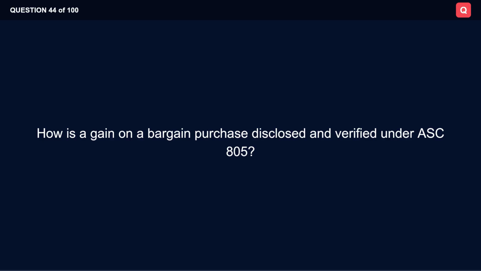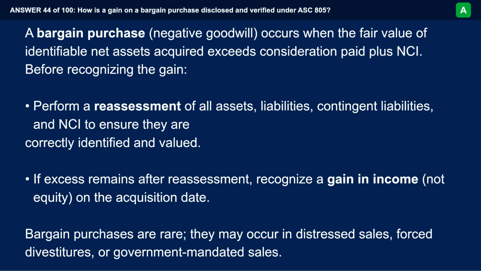How is a gain on a bargain purchase disclosed and verified under ASC 805? A bargain purchase, negative goodwill, occurs when the fair value of identifiable net assets acquired exceeds consideration paid plus NCI.